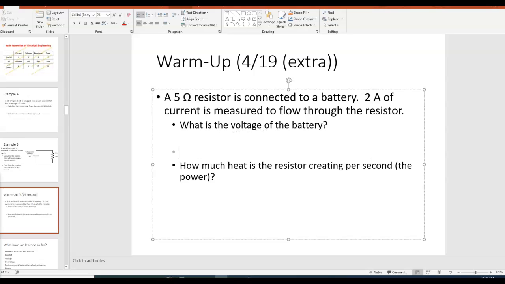Question 1, what is the voltage of the battery? And then question 2 says, how much heat is the resistor creating per second? Remember, energy per second is power, so the second question is asking you about the power dissipated by the resistor. See if you can answer those two questions. Pause it here, and then I'll put the correct answer up in just a second.